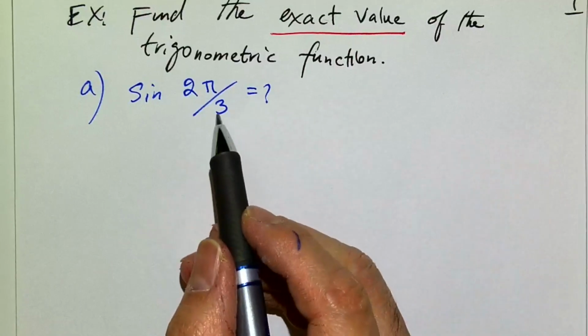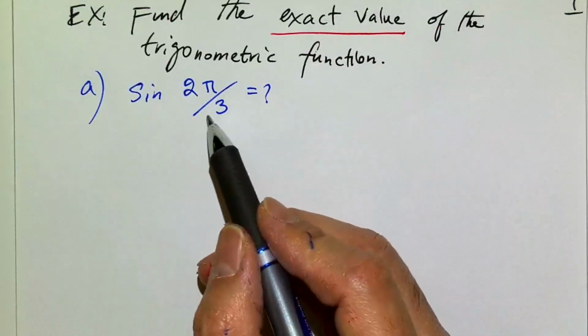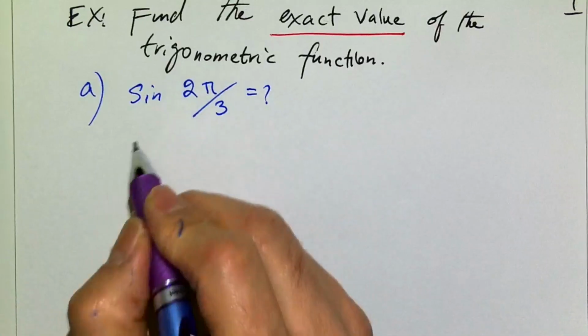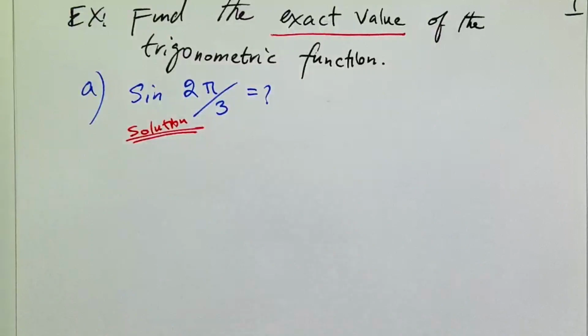So first thing we want to establish is in which quadrant this angle is. We can break it up, just like before, into two easy pieces.